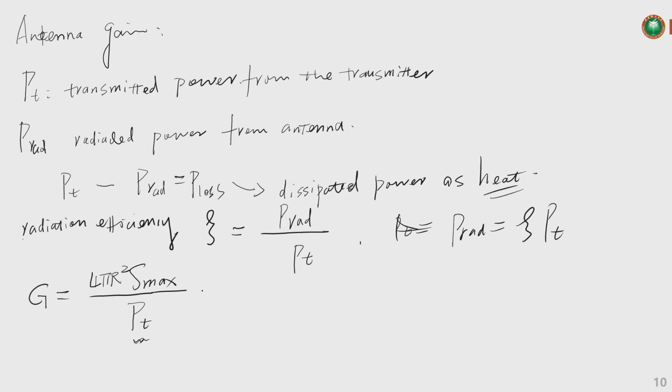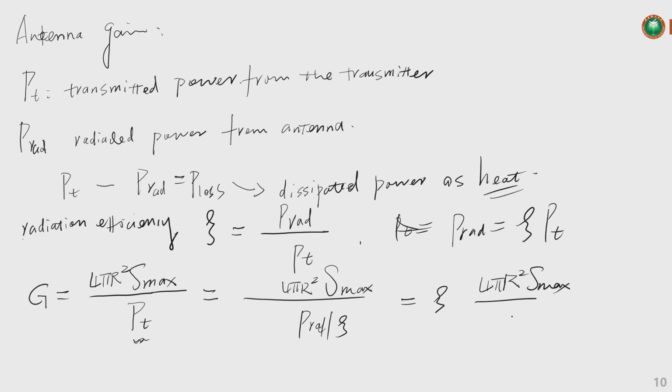So the maximum power density equals psi times 4 pi r square S max divided by P rad, so it is expressed as psi times directivity. That means the antenna gain equals the radiation efficiency times the peak directivity of the antenna.